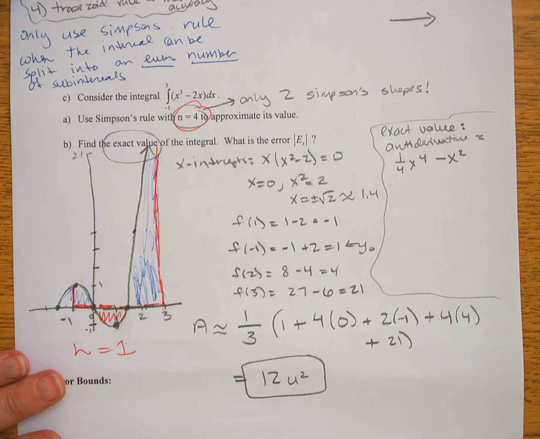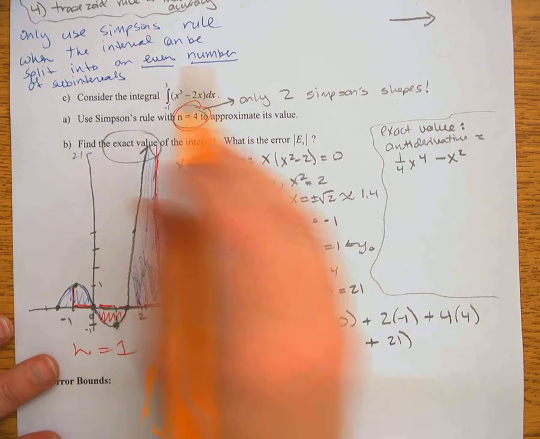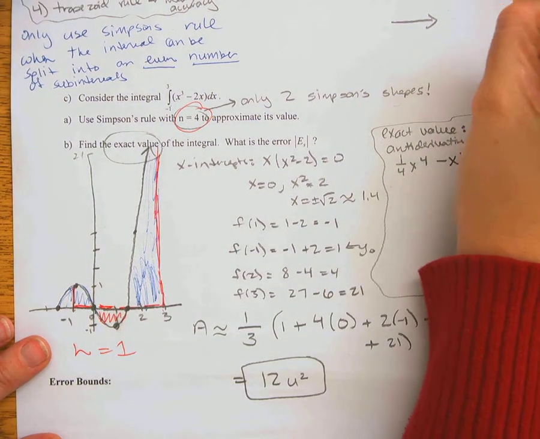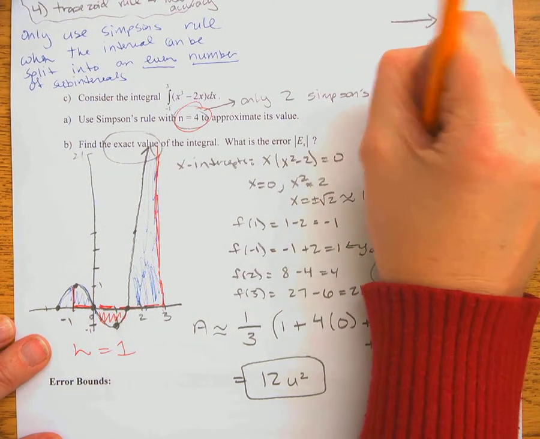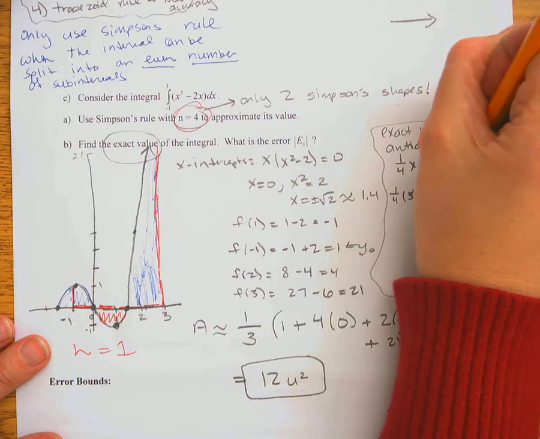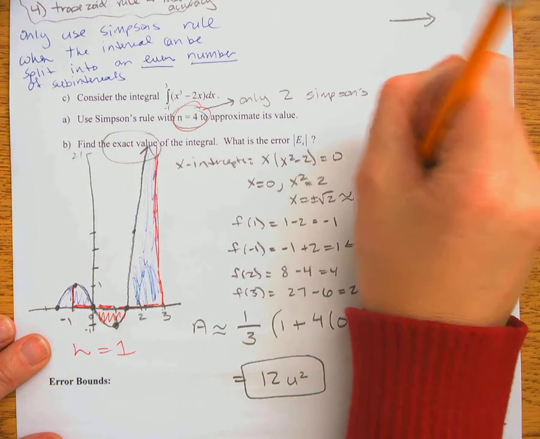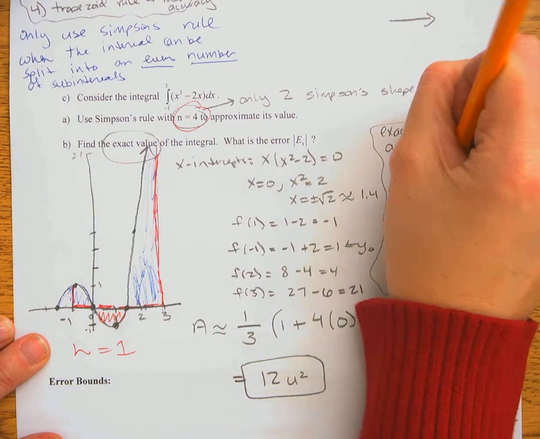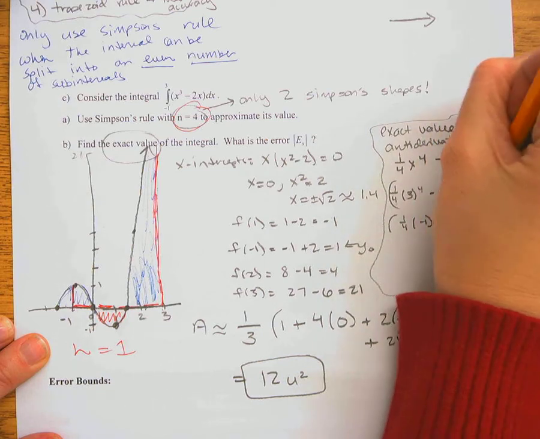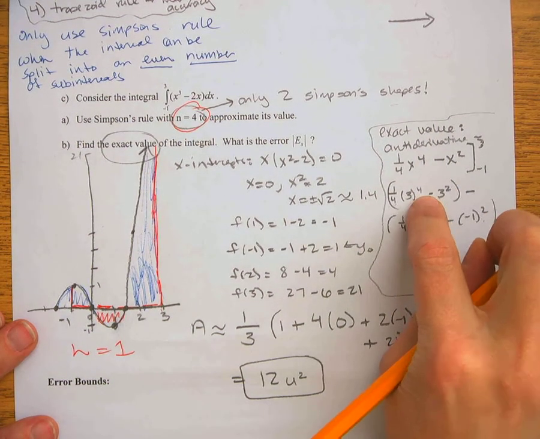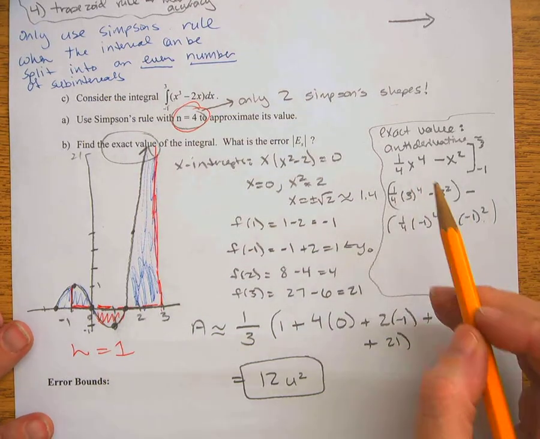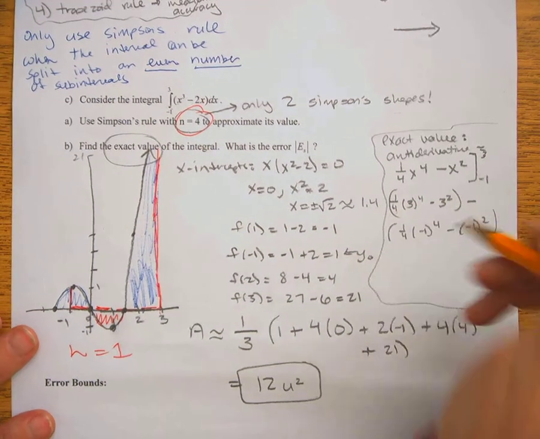Okay, but then I need to evaluate that from -1 to 3. So I would do 1/4 times 3 to the 4th minus 3 squared minus 1/4 times -1 to the 4th minus -1 squared. So this right here would give me 81 divided by 4 minus 9.